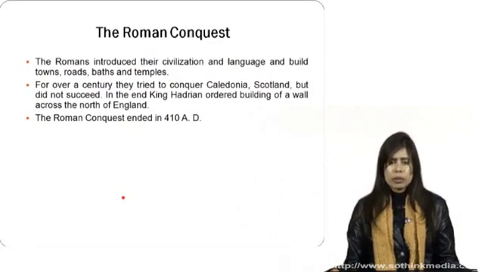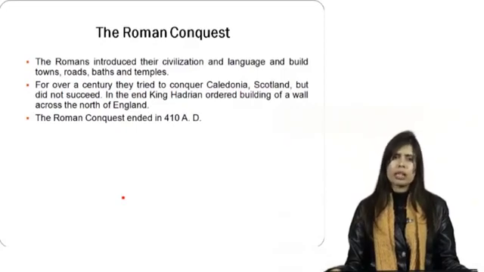Basically, the Romans introduced their civilization and language and built towns, roads, baths, and temples. Romans are very famous for their civilization. So when they came to Britain, they promoted their civilization, their language, and they built towns and very beautiful roads, very beautiful buildings, baths, and temples.